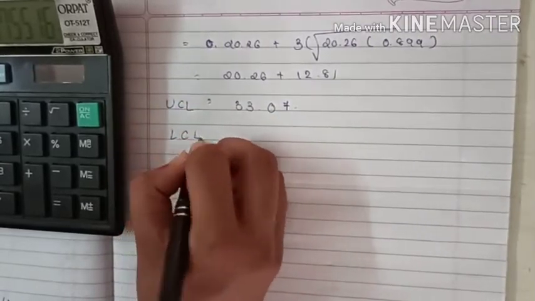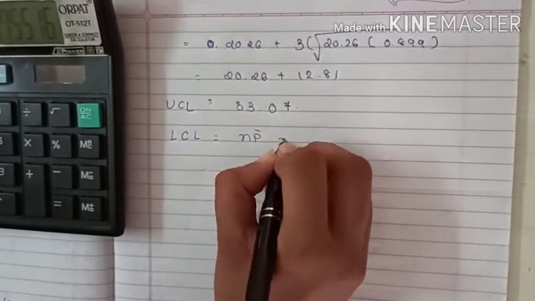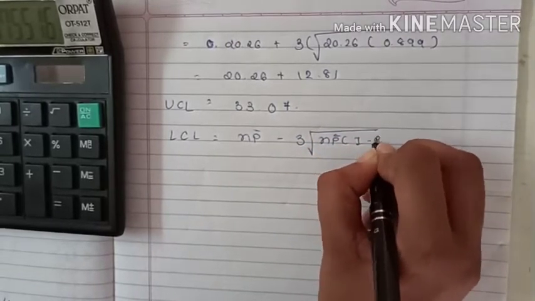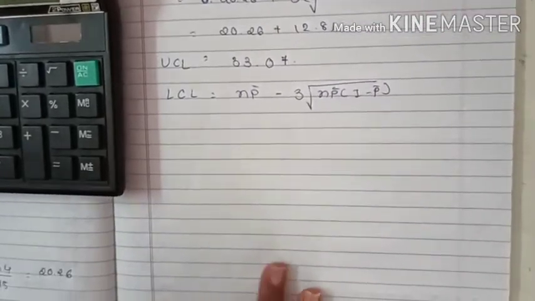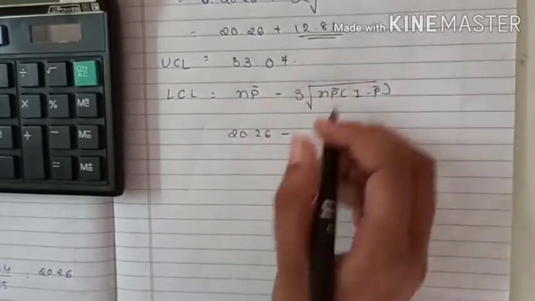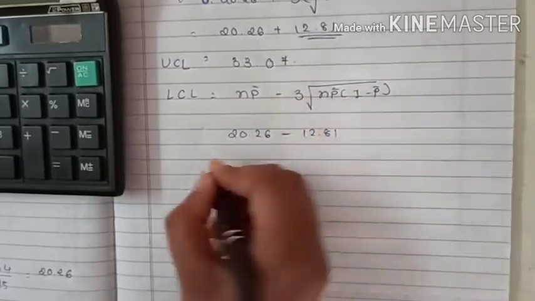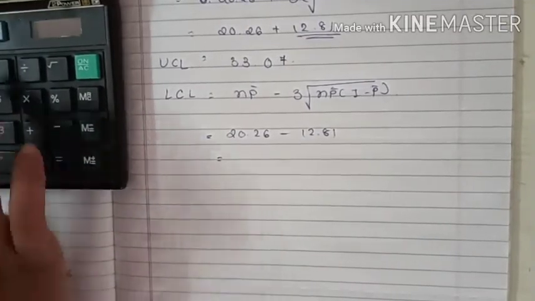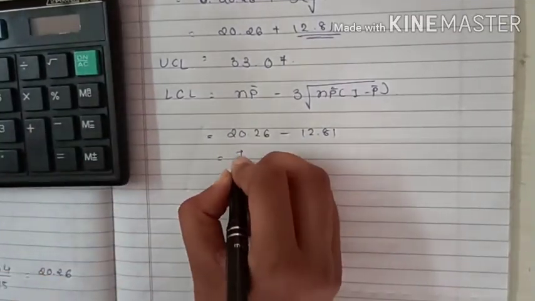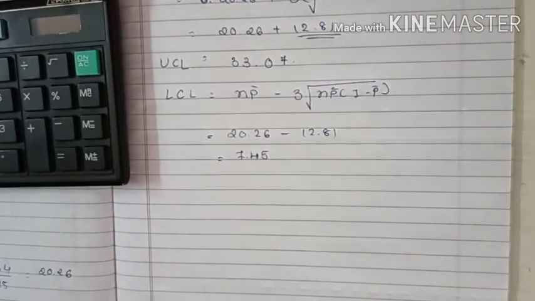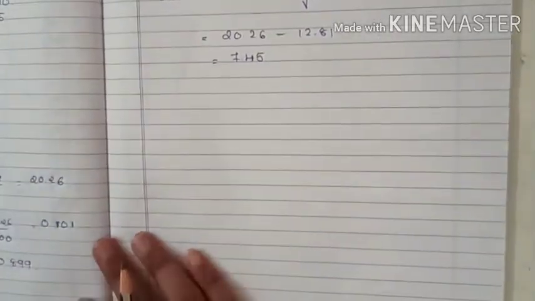Now lower control limit: NP bar minus 3 under root NP bar into 1 minus P bar. So 20.26 minus this value 12.81 is 7.45. Let's make the NP chart.